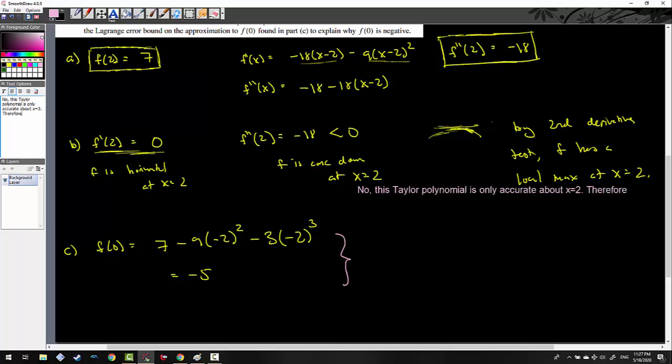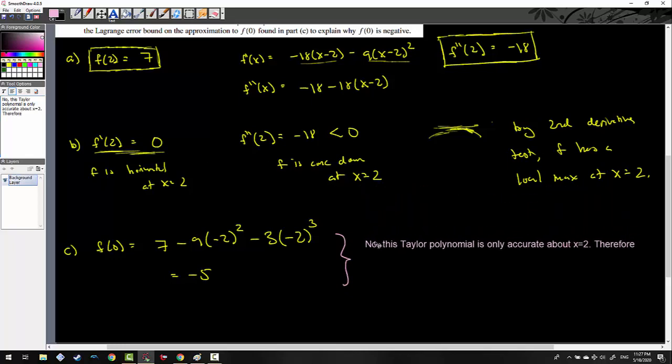Therefore, there is no way to tell anything about relative extrema or critical points. So there's an interesting little tidbit about Taylor polynomials for you. And so I think that will cover it.